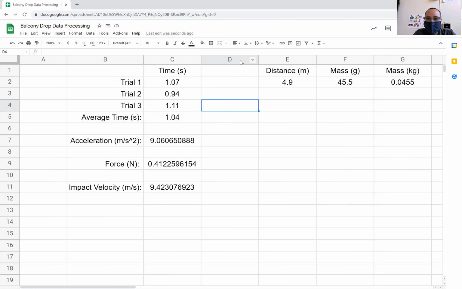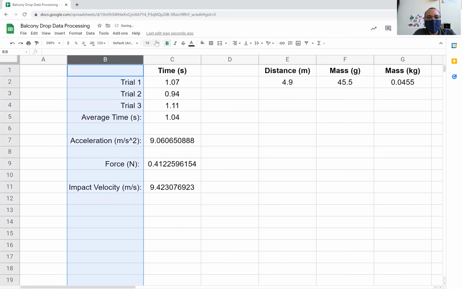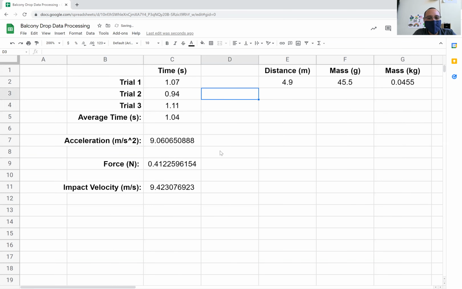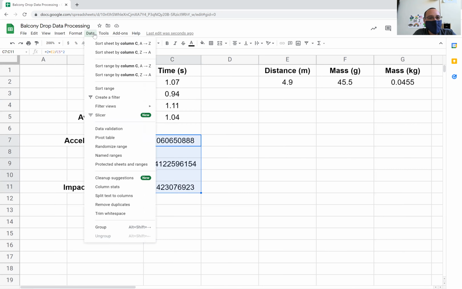And then one thing that I notice is all of these values could be bold, and then all of these values could be bold, so that the only thing that's not bold is the data themselves, and I think that's okay. And then what I can do here is I can switch these out, or I can limit their number of digits. So let me see if I can find it.